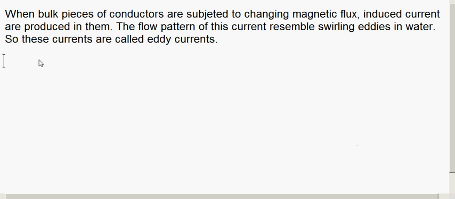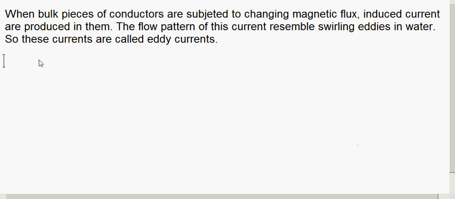Because why? The eddy current opposes the very cause producing it, or it opposes the change in flux linking the coil. Now, to avoid this opposition, some work has to be done, or we can say that some energy has to be spent against the opposition of eddy currents.